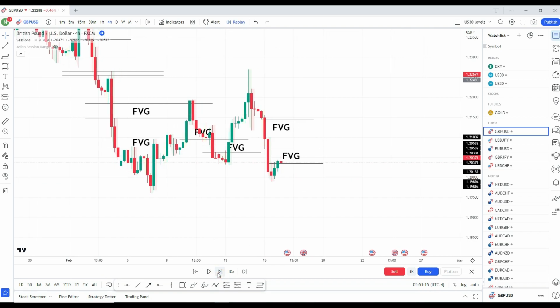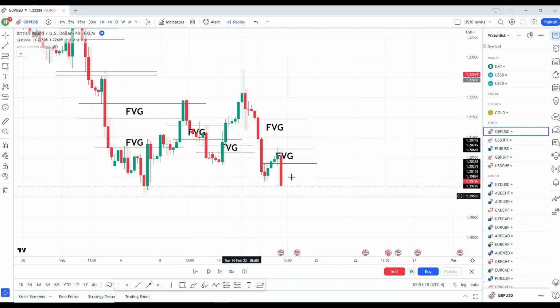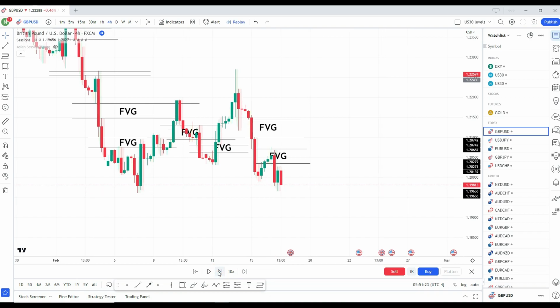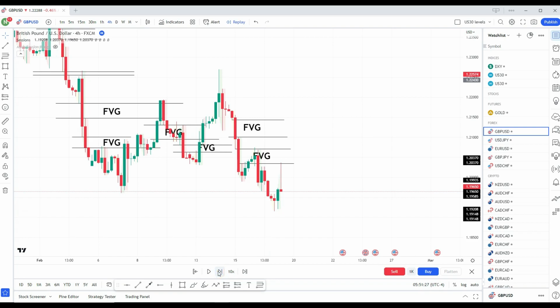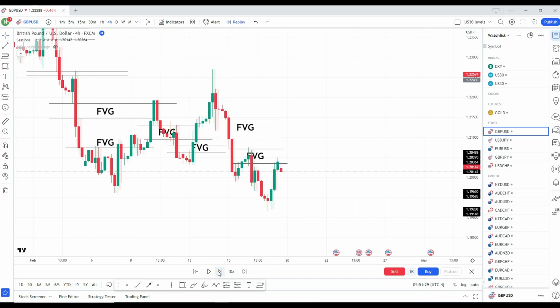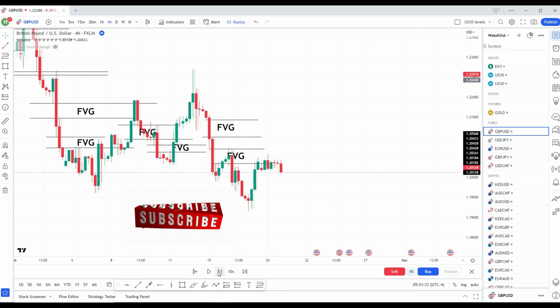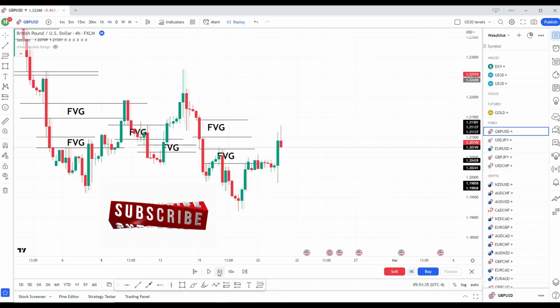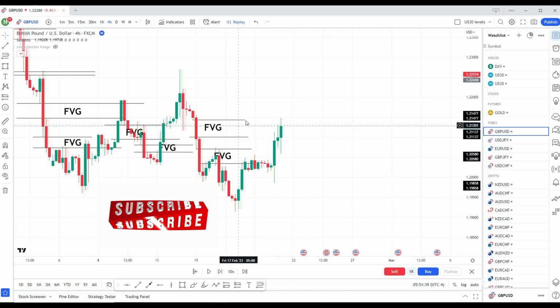Let's see if this will be filled again. The first one has been successfully mitigated. Let's see if the other one remaining will be mitigated. Successfully done.